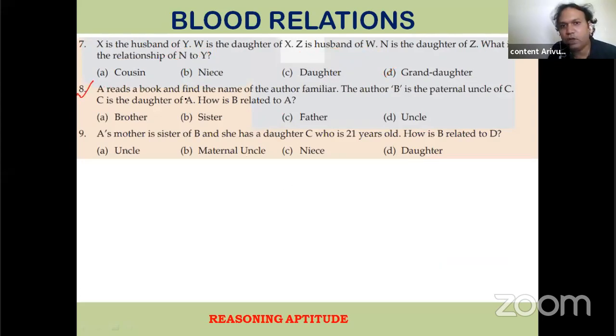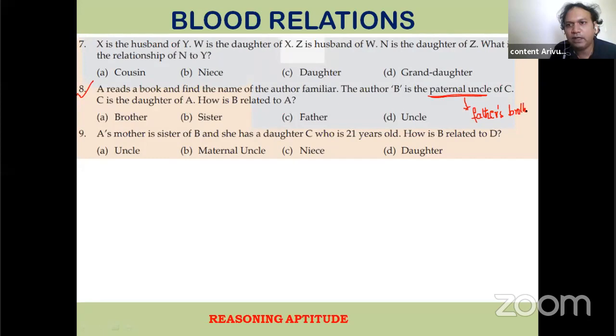A reads a book and finds the name of the author familiar. Now the author B is the paternal uncle of C. First of all, in case you don't know or you have missed out on this part, please understand what is paternal uncle. Paternal uncle means father's brother.